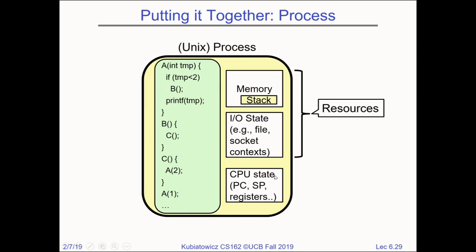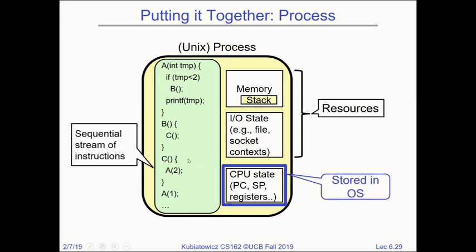And so the resources are things that are protected. There's a sequential stream of instructions, and the process control block, or thread control block, because this is a single-threaded process, is stored in the operating system somewhere so that switch can get at it. Okay? So this is the simplest model for what I was calling a heavyweight process a while back.